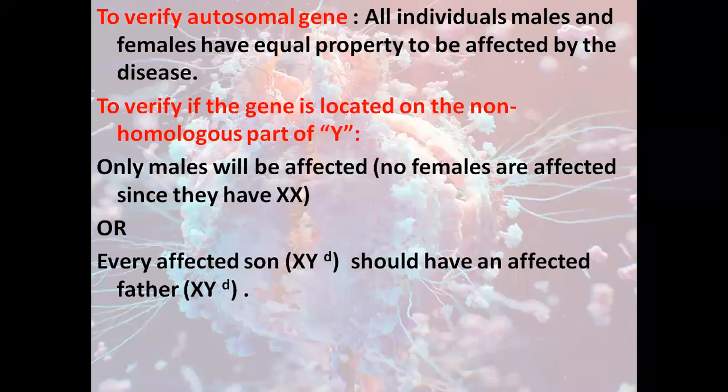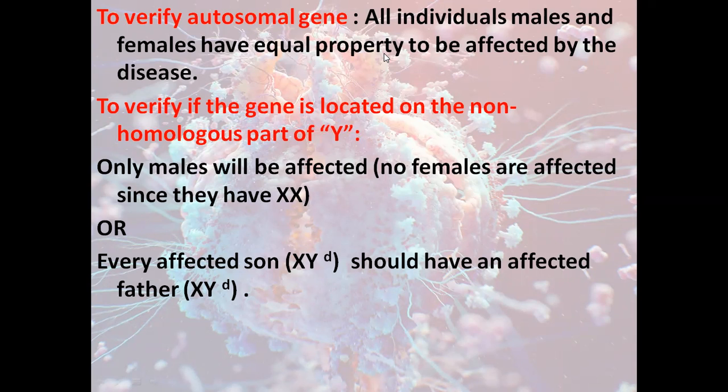So if it's located on the non-homologous part of Y, there is no chance. Or you can say every affected son should have an affected father. Why? Because the affected son will inherit Y^D from his father, which is also Y^D, so he should be affected. If that's not the case, it's not located on the non-homologous part of Y.